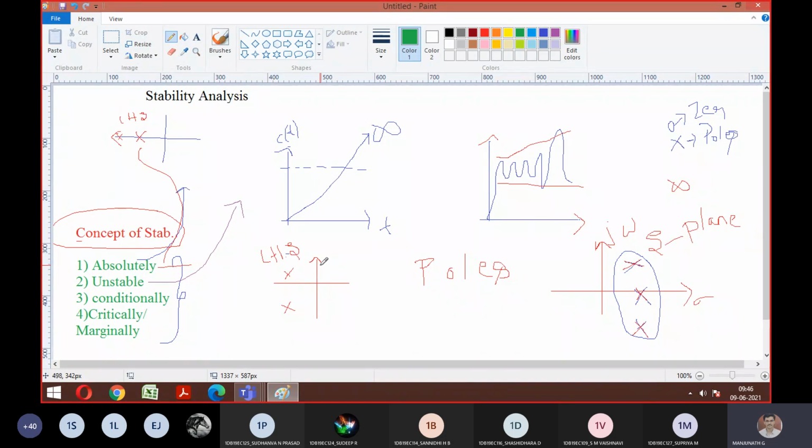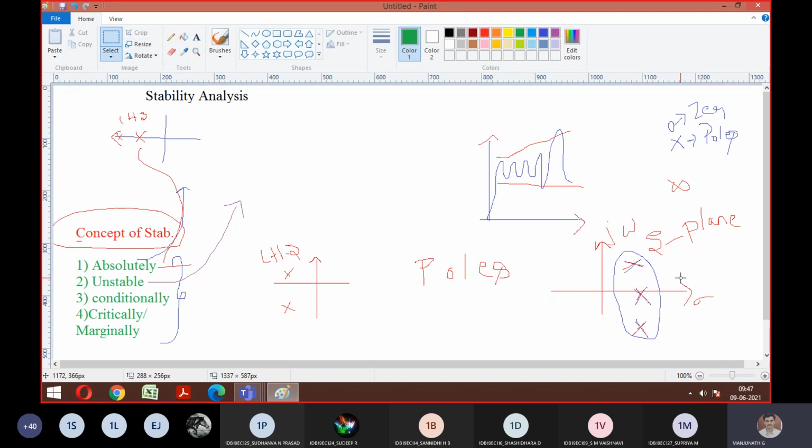Agree everyone? Because the first heading is absolutely stable, we got to know that for absolutely stable, the poles lie towards my LHS. Such kind of systems are called stable, whereas if the poles are lying towards the RHS, we designate them as unstable.